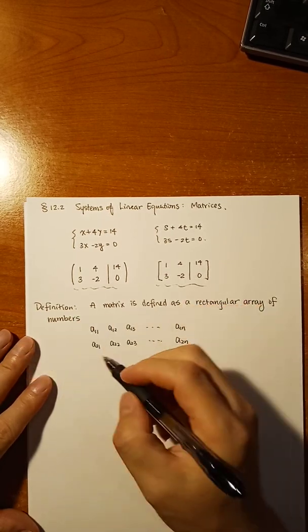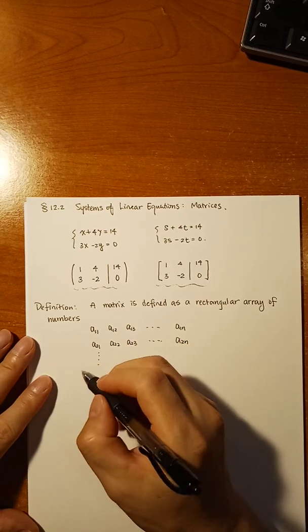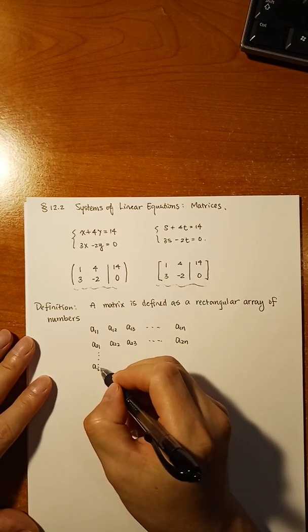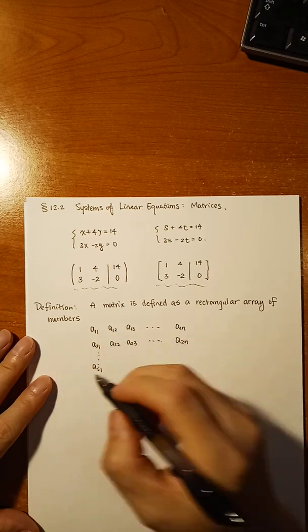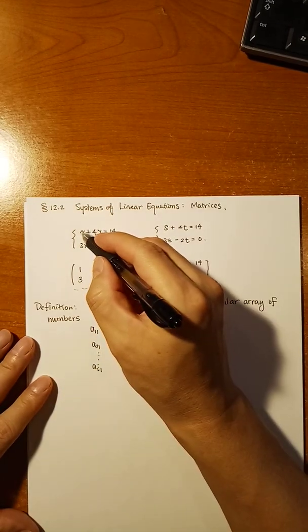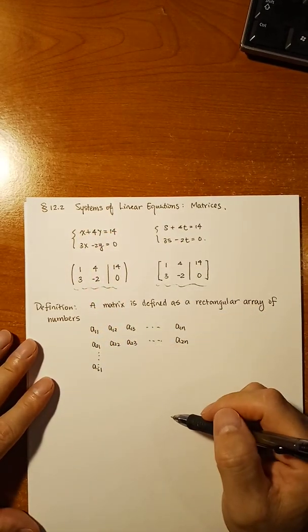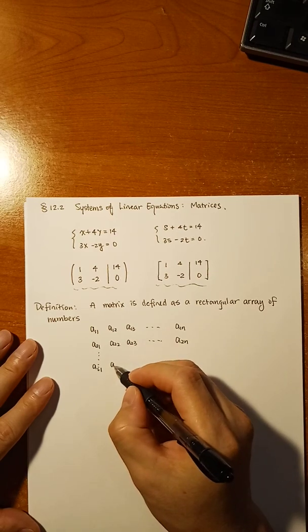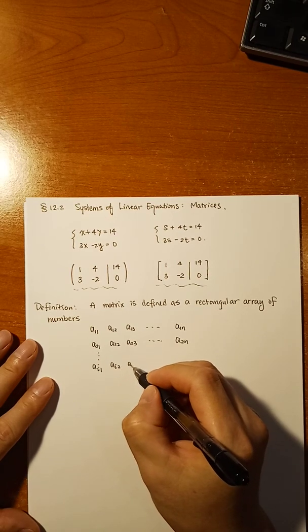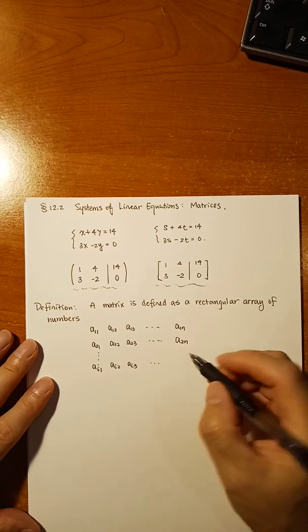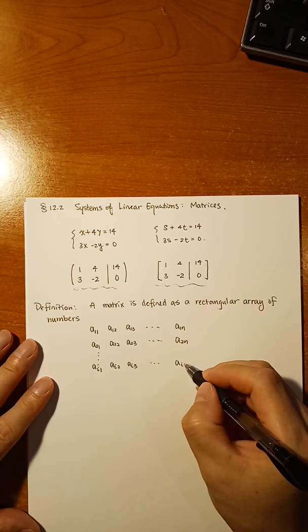Okay, the second row. And in general, you will have Ai1, the ith row, first element, the number corresponding to the first coefficient. Ai2, Ai3, Ain.